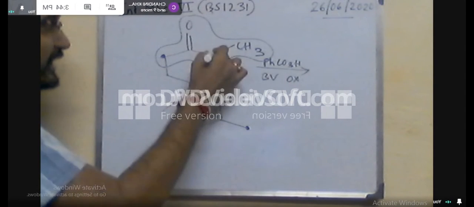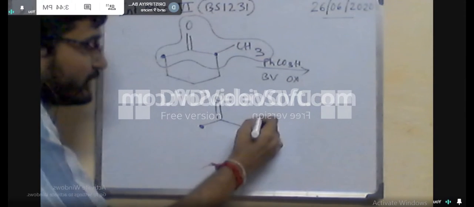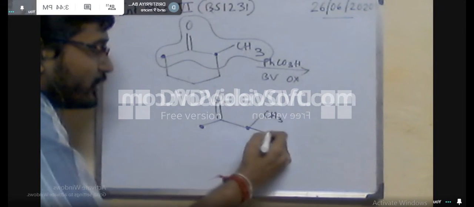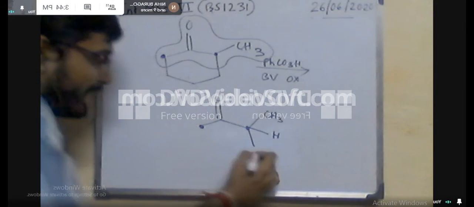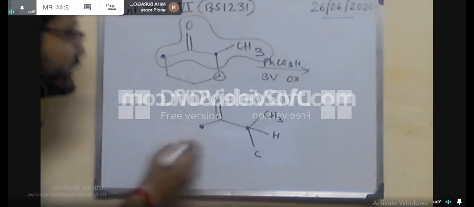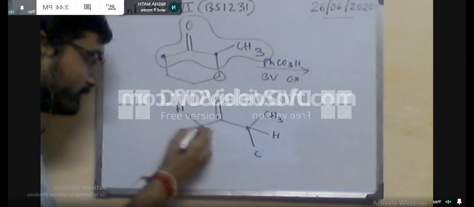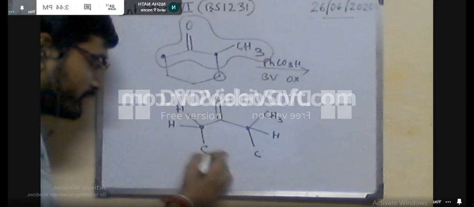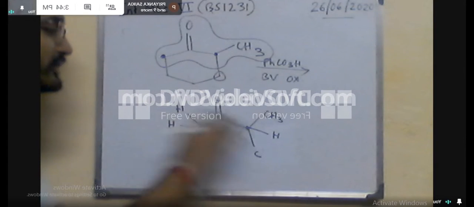Okay. So, upon Baeyer-Villiger oxidation, you will get the structure with the double bond O. Here is the formation of the new carbon oxygen bond, and this group is migrated, say 1, 2, 3, 4, 5, 6.